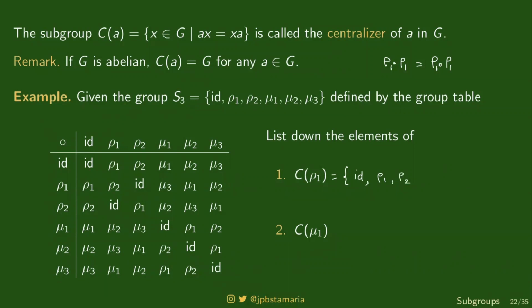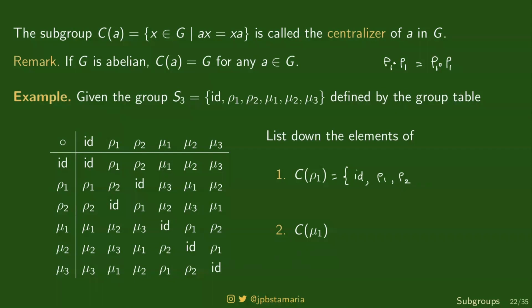Halimbawa, does mu1 commute with row 1? Si mu1 ba? Mu1 nagko-commute with row 1? You check. Tapos row 1, mu1. Parehas ba yung nakikita nyo? Hindi. So mu1 is not an element. How about mu2? Yes or no?